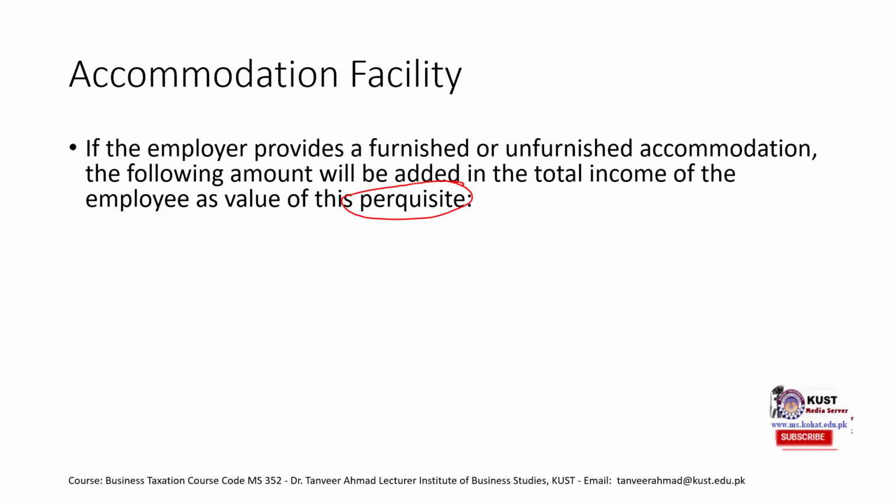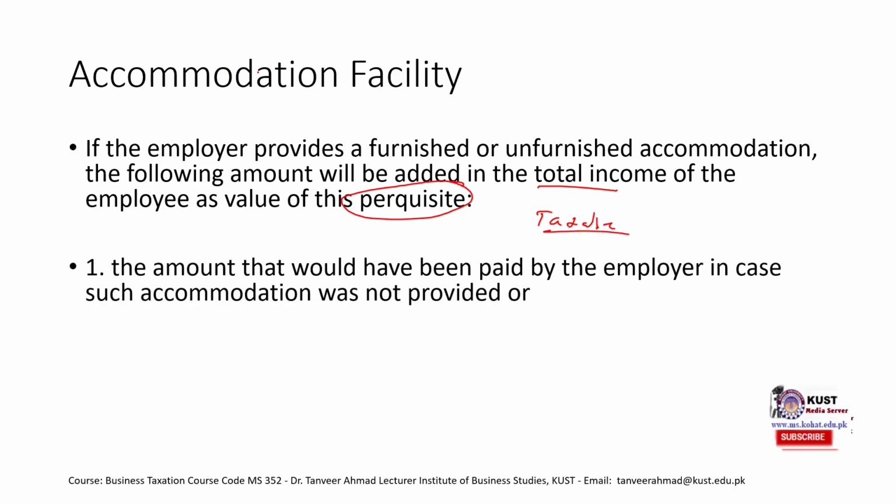Perquisite is the facility that is provided. So the formula that I'm going to discuss would be used to calculate an amount, and that amount would be added in total income to calculate taxable income. So what the formula is: first, the amount that would have been paid by the employer in case such accommodation was not provided.